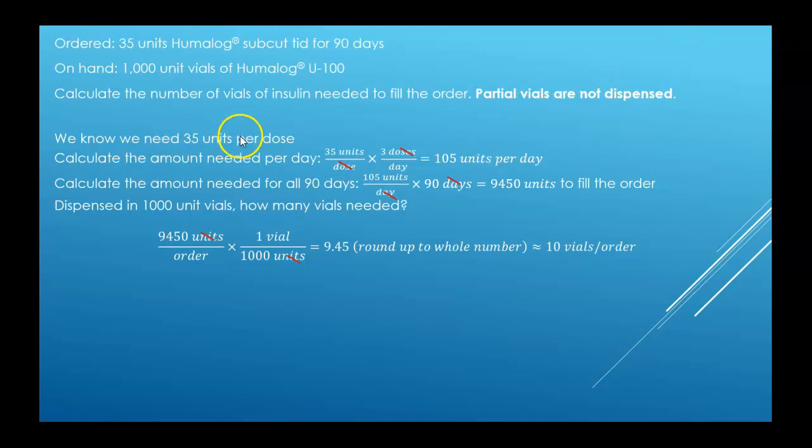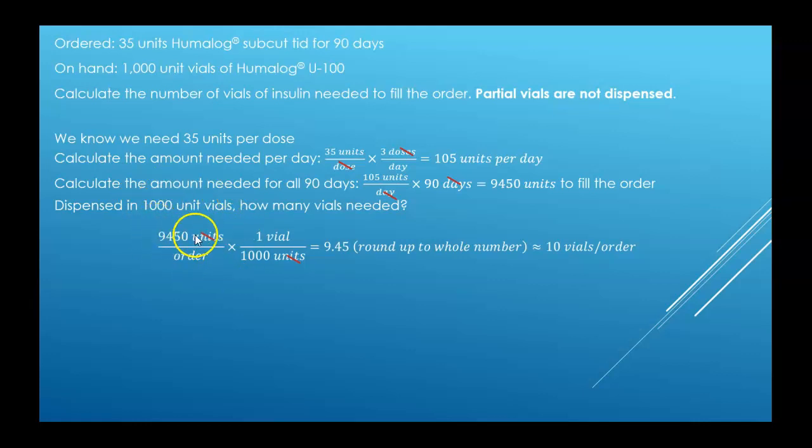So we know we need 35 units per dose, and there are 3 doses in a day, so that's 105 units per day times 90 days. That's 9,450 units to fill the order. Well, it's dispensed in 1,000 unit vials.